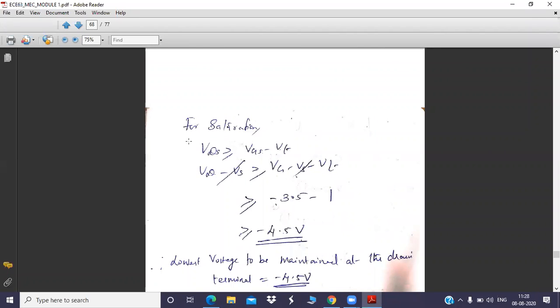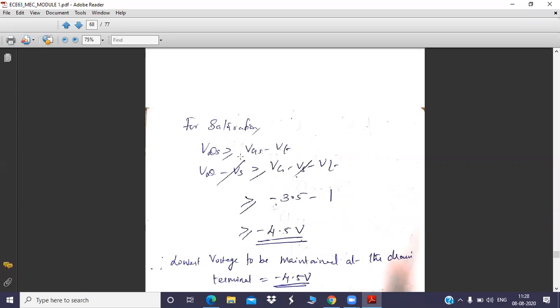Okay, so that is what is being done in this particular section. This is the condition for the saturation region. We have studied in the characteristic curve, VDS greater than or equal to VGS minus VT. So it is obvious that the minimum condition you need to ensure is VDS at least equal to VGS minus VT.